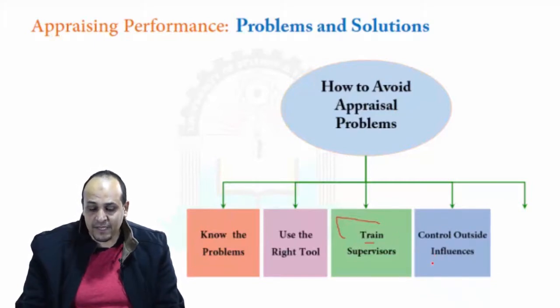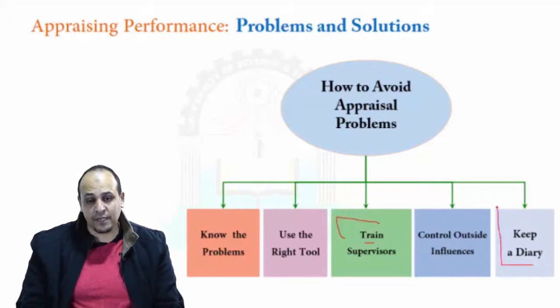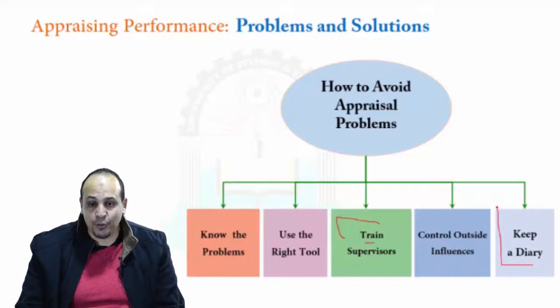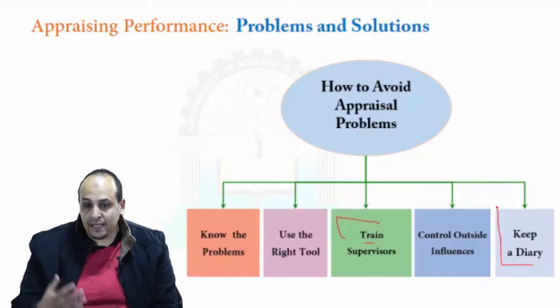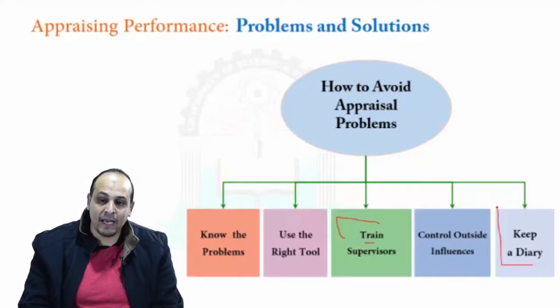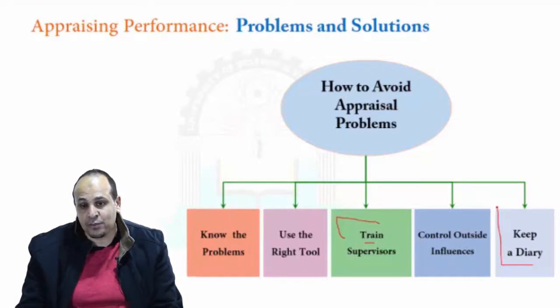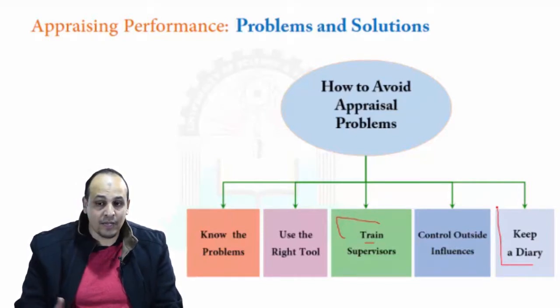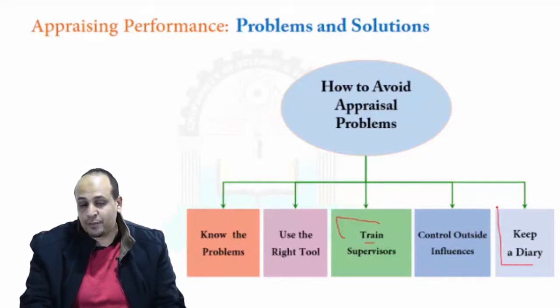Control outside influences that can happen, of course, and keep a diary as a record that can be used later, either to compare or to check upon the progress of appraising methods, to see whether the current appraising method is as good as the last one, to avoid problems that happened before. So keeping a diary is actually one of the good things supervisors or the human resource department can do in avoiding potential and future problems.